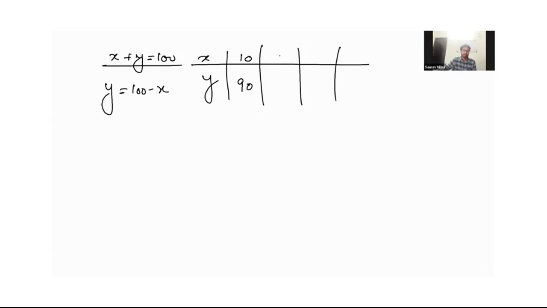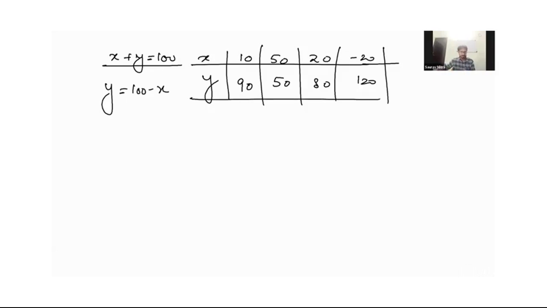If X is 50, Y is 50. If X is 20, Y is 80. If X is minus 20, Y is 120, right? So you will get all these values.